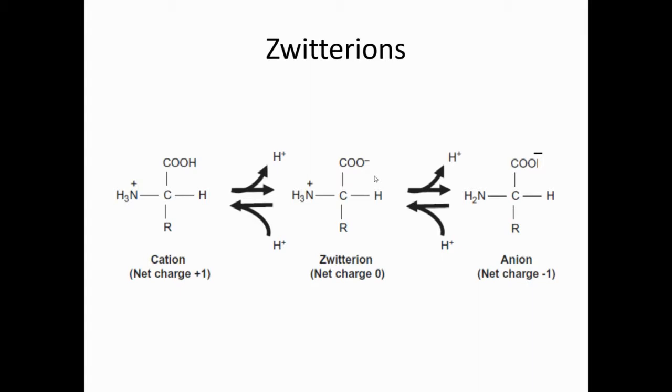And then in an acidic solution, normally below pH 2, the predominant species of the amino acid is positive charge, in the acidic environment.